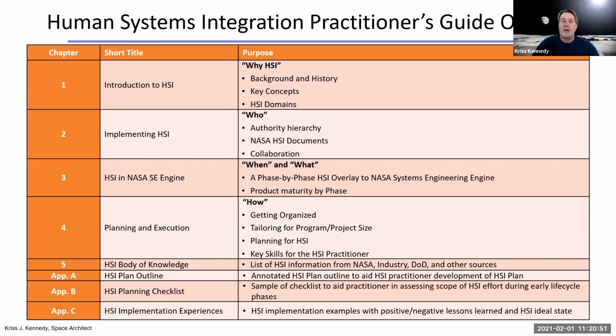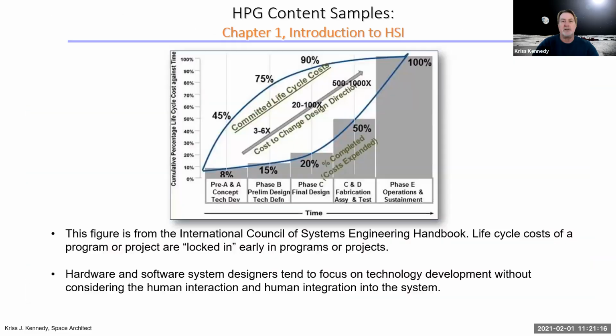So you want to look at a program or project, size it up, and decide how to tailor the systems engineering effort and the human system integration effort. And then chapter 5 is the body of knowledge. It's a list of HSI information from NASA, DoD, and other sources. And then there are the appendices, which give you a plan outline, a planning checklist, and implementation experiences.